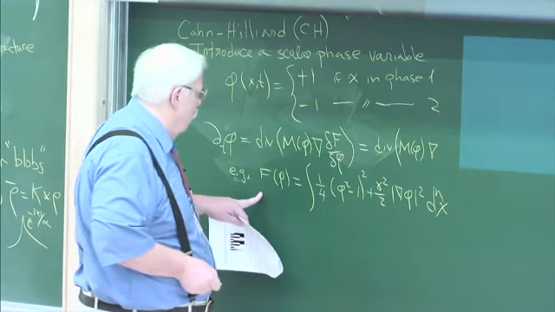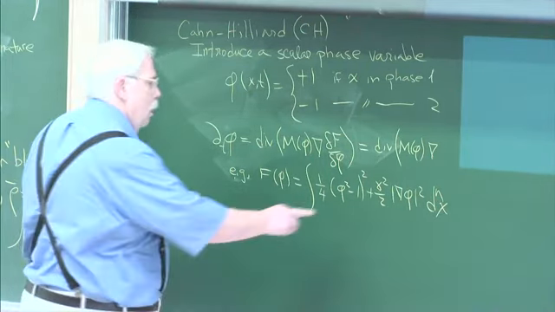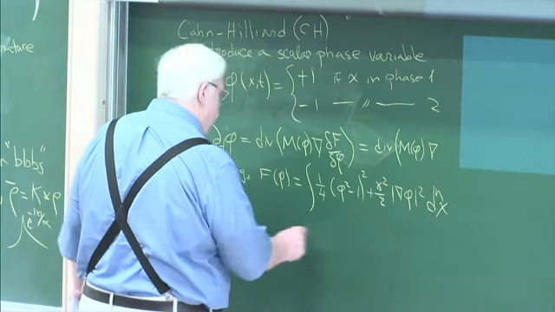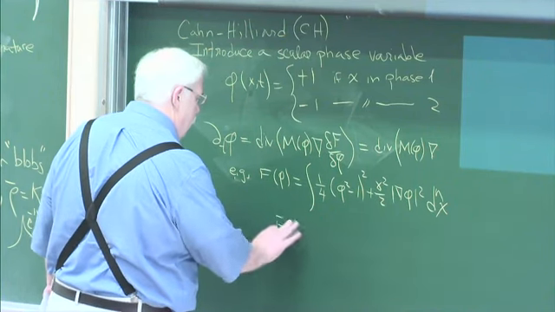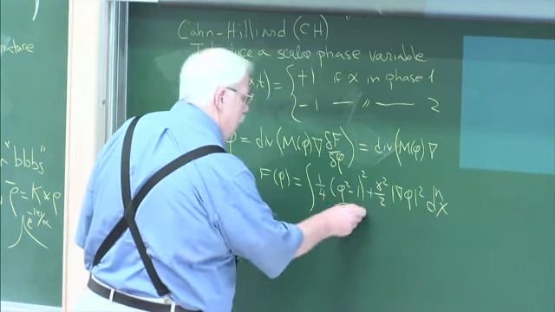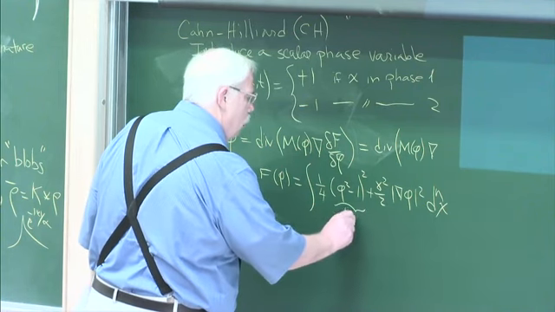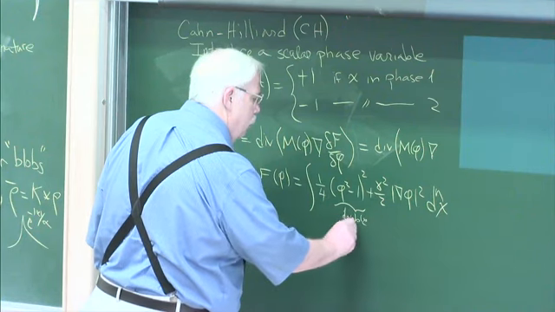So this F of phi, as a function of phi, is the double well potential.